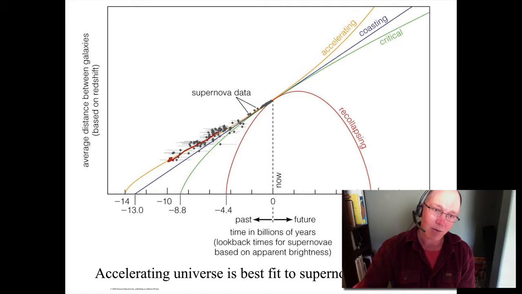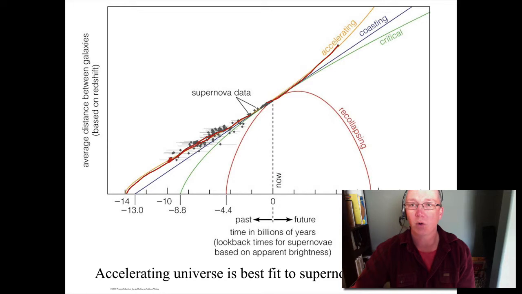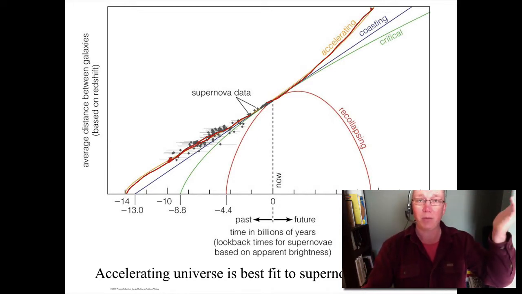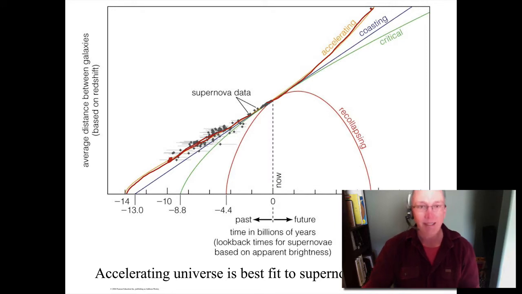And here we are today where we have a clear indication that the galaxies are farther away than we think they are. In other words, the universe is slightly older than we thought it was. He's since won the Nobel Prize for this, which is pretty cool. And it was neat to be working with him when he did that, to see him taking the observations that ultimately proved that the universe was accelerating instead of coasting.